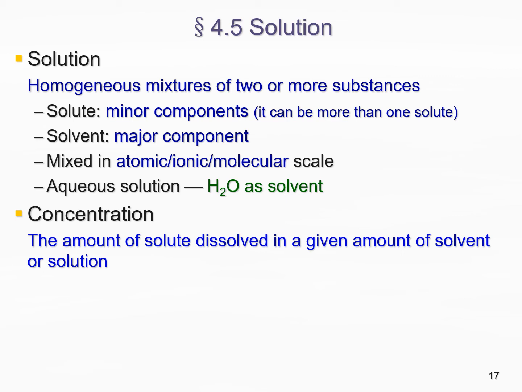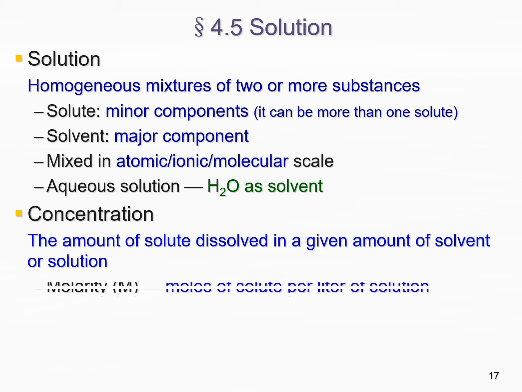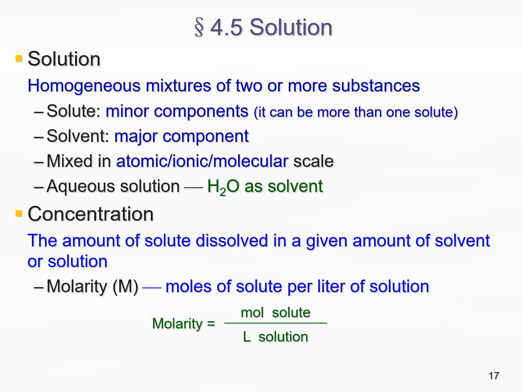This is going to be the first major calculation we're going to see in the Chem 2 class: five different units of concentration. One of the units we're going to discuss today is molarity. A capital M represents molarity. Definition: moles of solute per liter of solution. In math, moles of solute divided by liters of solution.